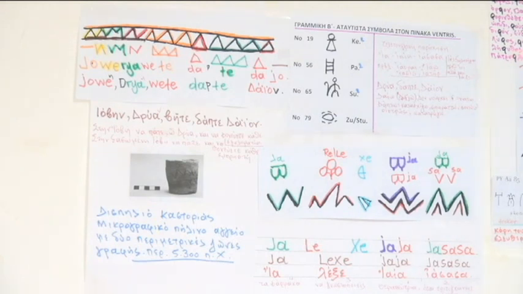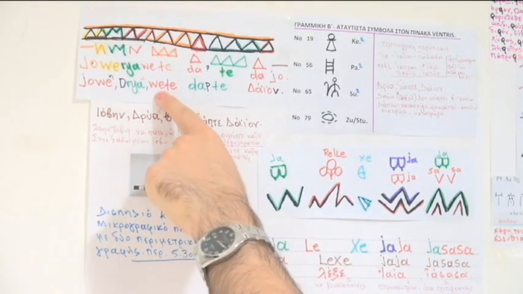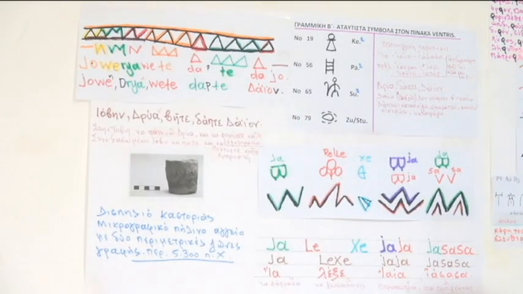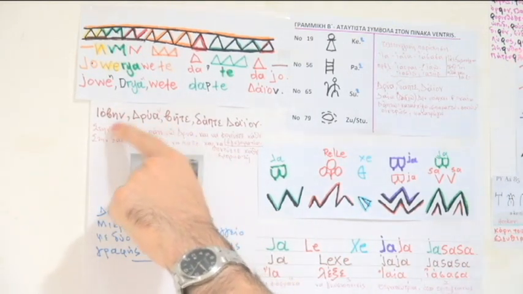So, very quickly, Iovin, Dria, Vite, Vapte Daion. Let's get the first unit first. Dria, it could be a vocative form, so O Drias, or it could be an attribute in an accusative form in Iovi.